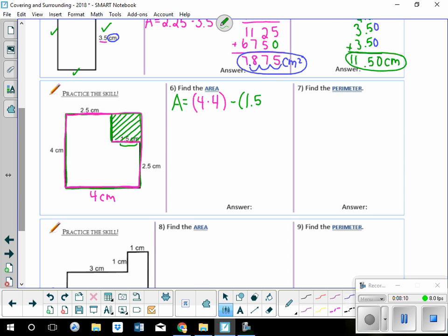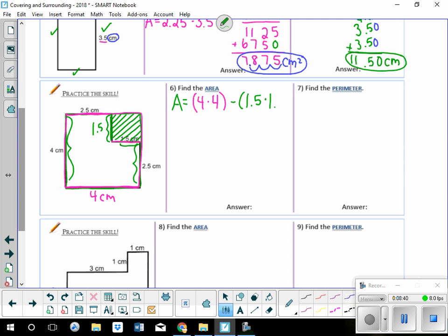So looking at this, if I know that this whole side here is 4, and this piece here is 2.5, this part here needs to be the difference between 2.5 and 4. So what's that going to be, Crew? 1.5. Thank you. Okay, so the dimensions of that piece will be 1.5 times 1.5.